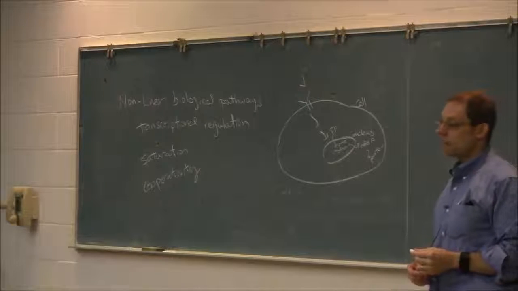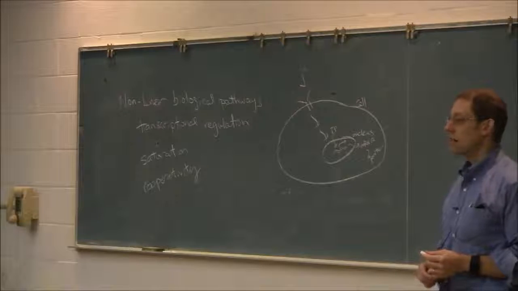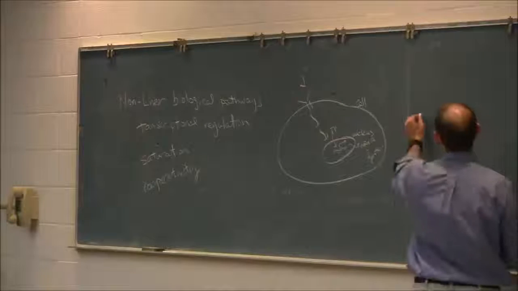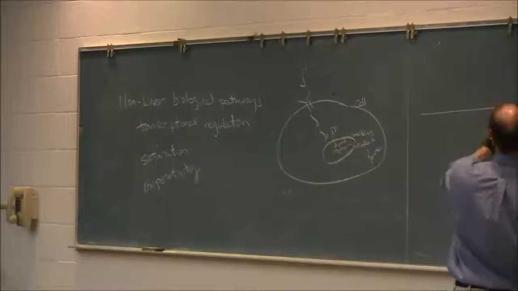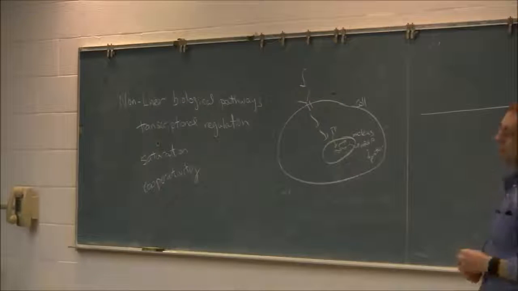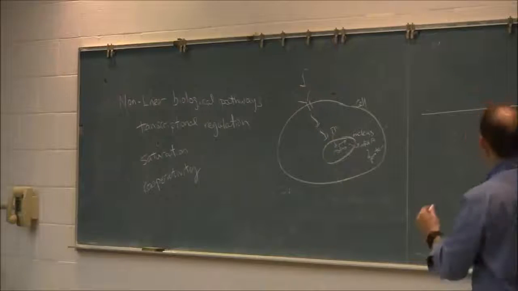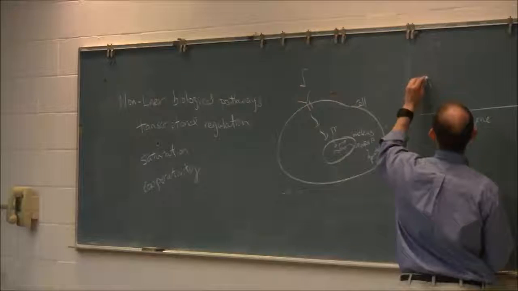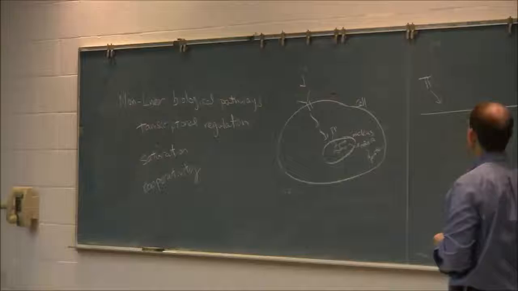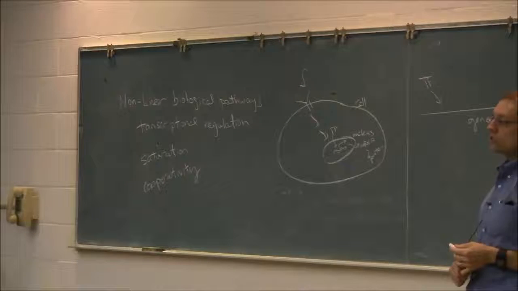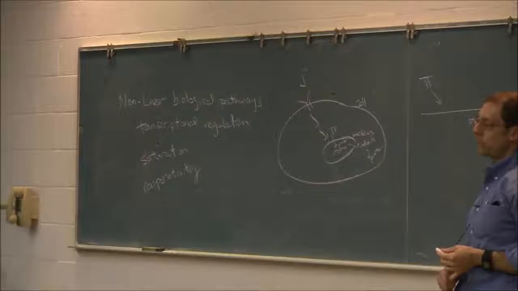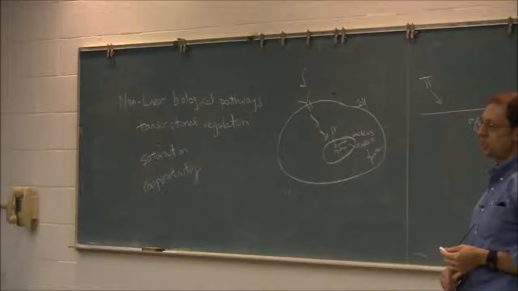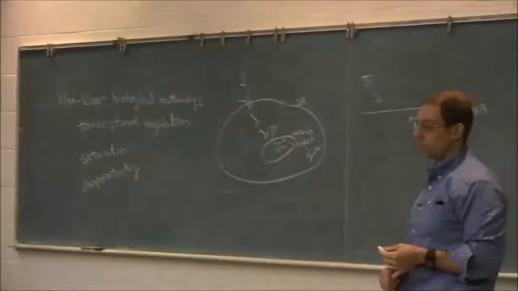And saturation occurs because, so DNA is double-stranded, but we usually just draw it as one line. So there's DNA. Here's a gene. So say this is the gene that the transcription factor wants to activate. Usually, for most genes, there's only one copy of the gene per haploid genome. So humans are diploid.